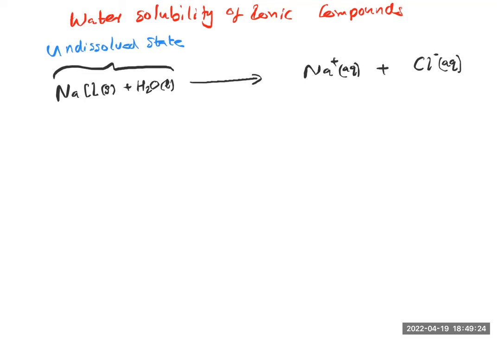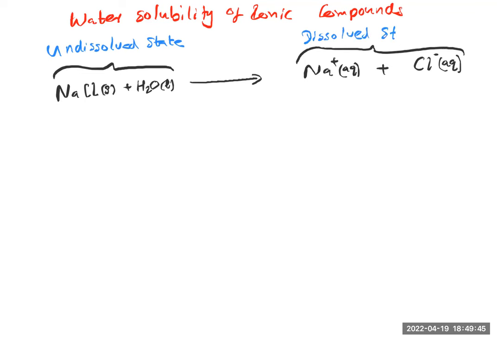So for an example, if you take the sodium ions, which are the cations, let me first say that this is our dissolved state. We should make that distinction.